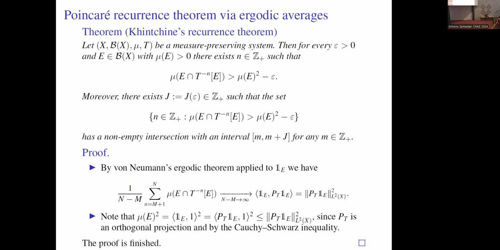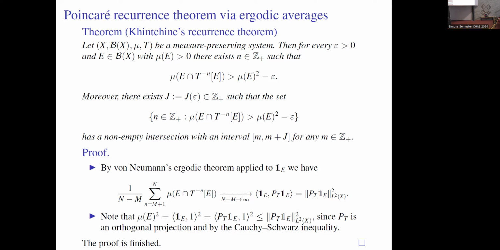And now this is orthogonal to this, because this is an eigenvector of the Koopman operator, so it's invariant.